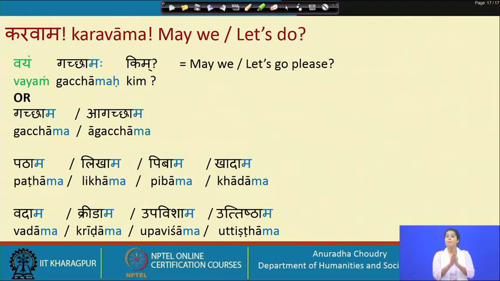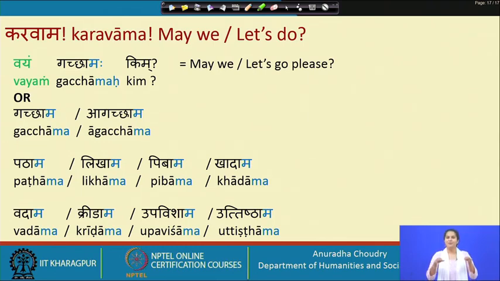Uttamam. Pathamaha, pathama. Likhamaha, likhama. Pibamaha, pibama. Khadamaha, khadama. Vadamaha, vadama. Kridamaha, to play. Kridama.